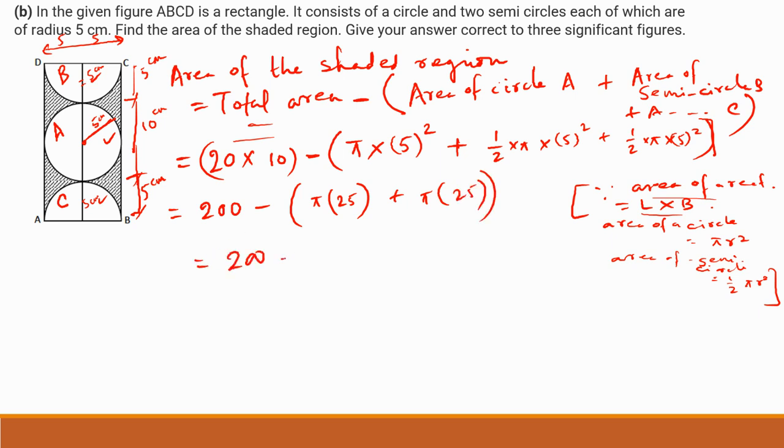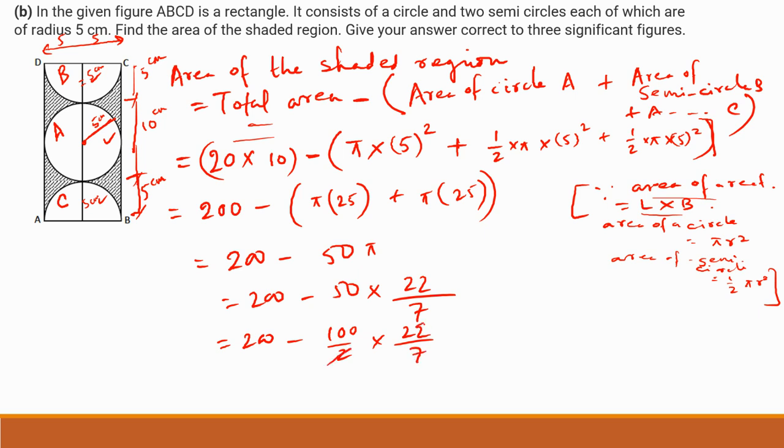So we get 200 minus 50 pi. Basically 200 minus 50, pi is 22 by 7, right? So you see 50 we can write, this is a calculation trick. We can write it as 100 by 2. So this we can do it as 11, right?